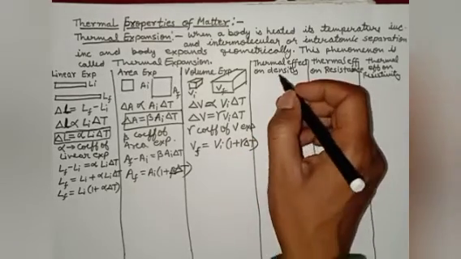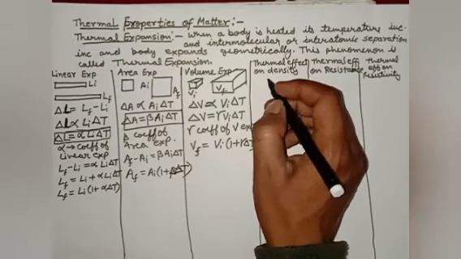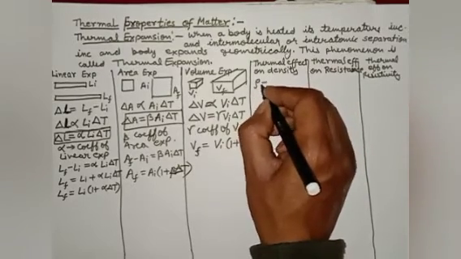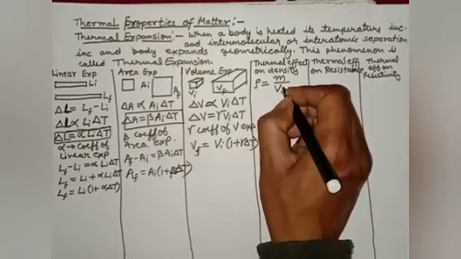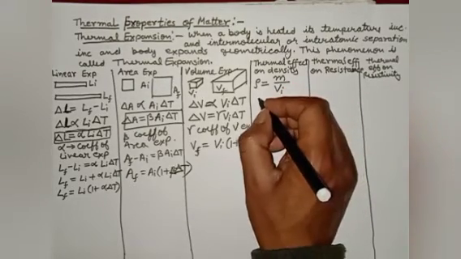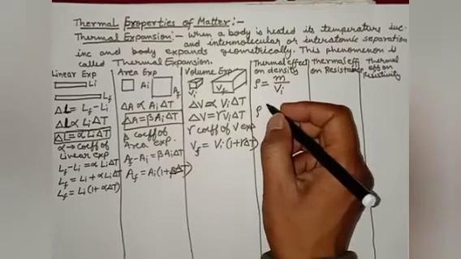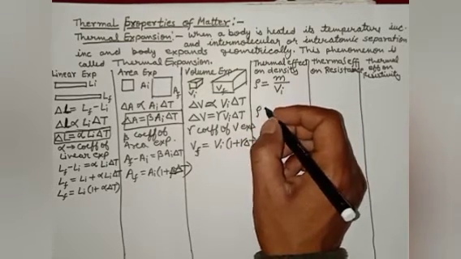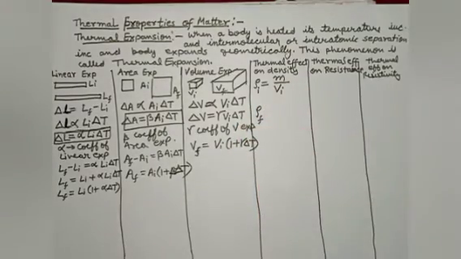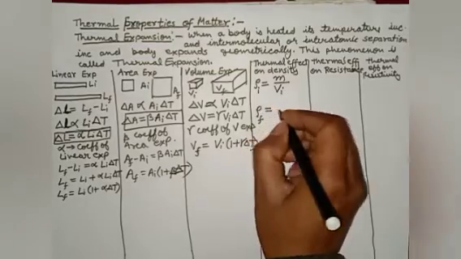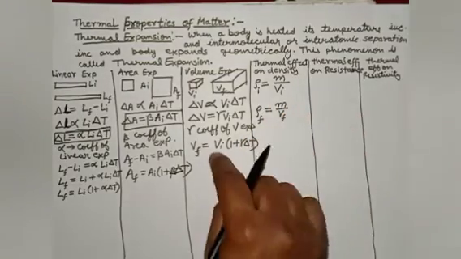Now, thermal effect on density. How is density going to change? We know that density is equal to mass upon volume. So I'm considering the initial volume. After the body is heated, we don't know what the value of rho will be, so I'm writing this rho I and this rho F. Now that will be m upon Vf, and Vf is this.